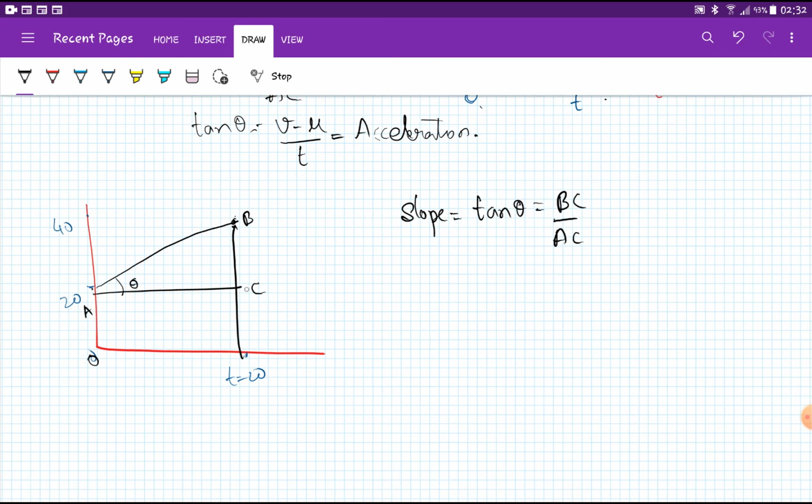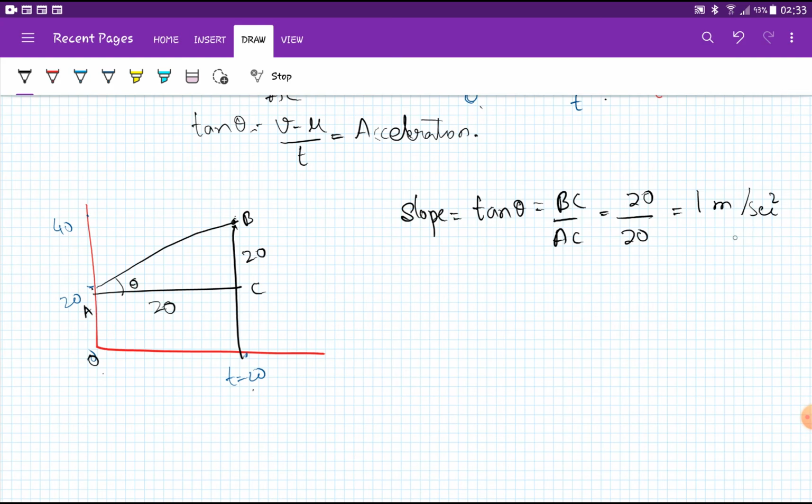Now what is BC here? 40 minus 20, you will get 20 here. What is AC? 0 to time 20. So AC will be 20 here. Substitute the value. BC is 20, that is 40 minus 20, and AC is also 20. What you will get? 1 meter per second square.